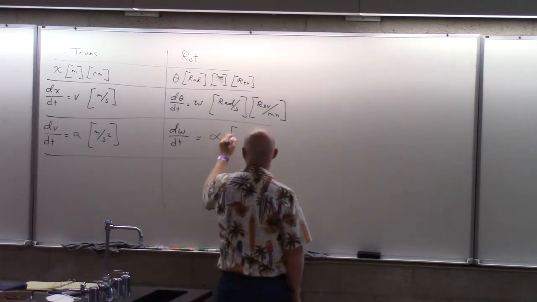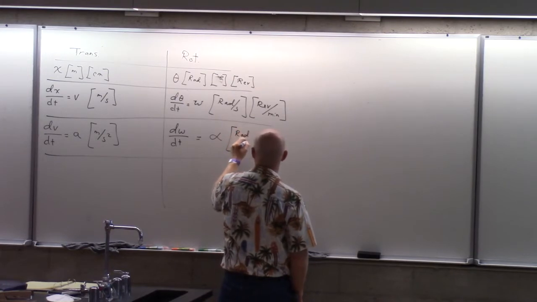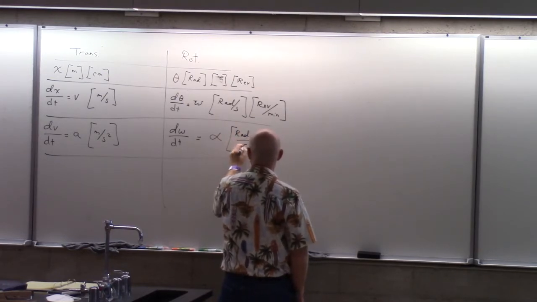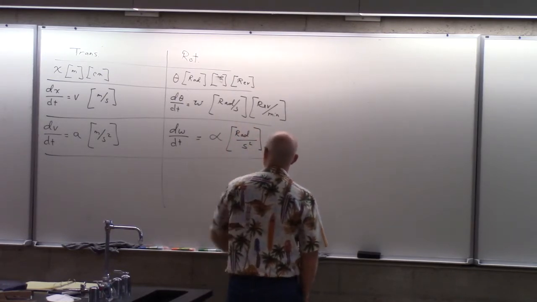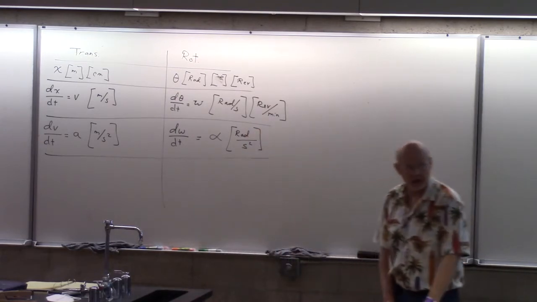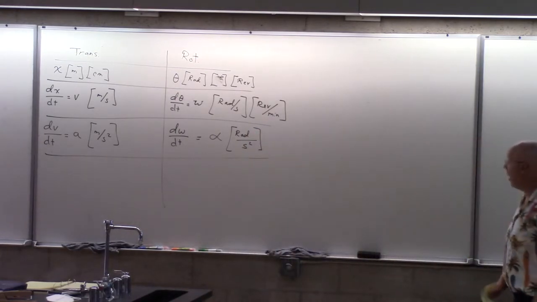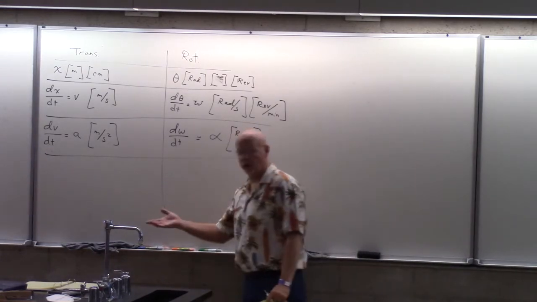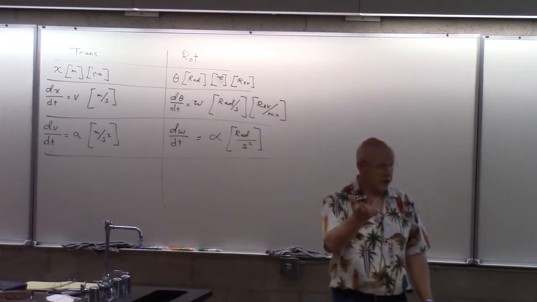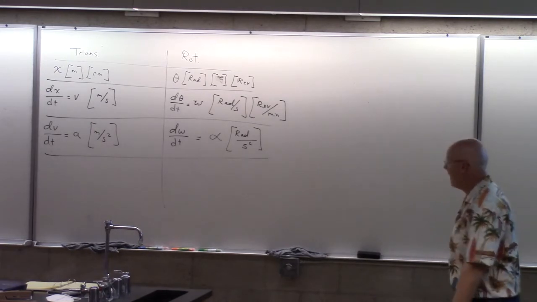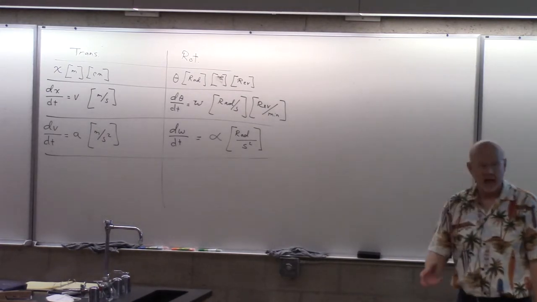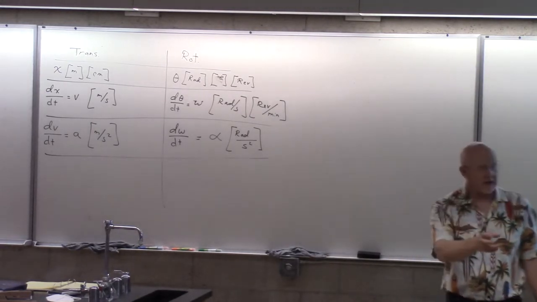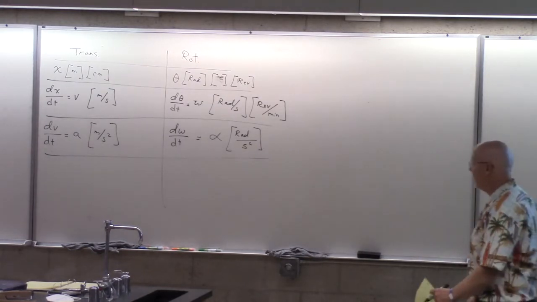And of course, the units would be radians per second each second, which simplifies to just radians per second squared. And so all of this is exactly what we did in chapter 2, and now we're just going to expand our chapter 2 and say instead of just translating, things can rotate.